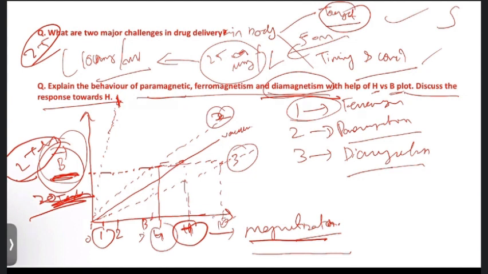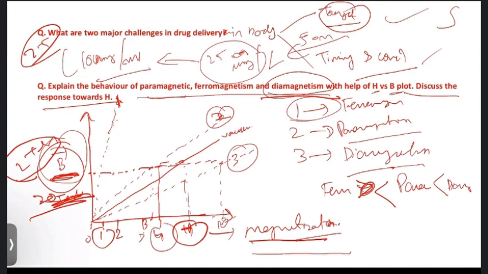For diamagnetism, it has to be much more than ferro and paramagnetism. So that is the response. So ferromagnetism will require less magnetization, then paramagnetic material requires more, and diamagnetic material will require the highest magnetization to give the same amount of magnetic response. Followed?